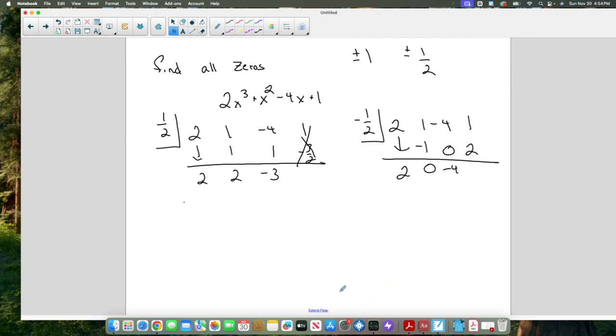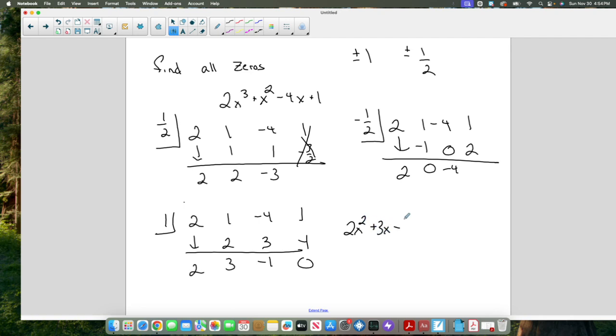So I could try 1. So 2, 1, negative 4, 1. 2, 2, 3, 3, negative 1, negative 1. Oh, then that works. And this becomes 2x squared plus 3x minus 1.